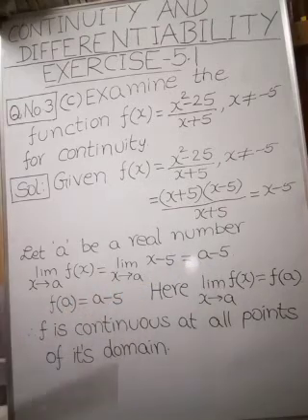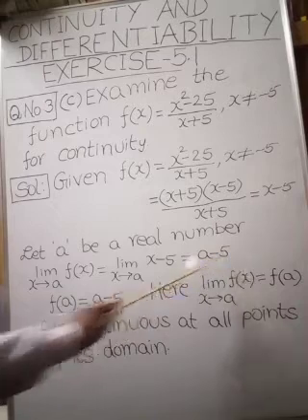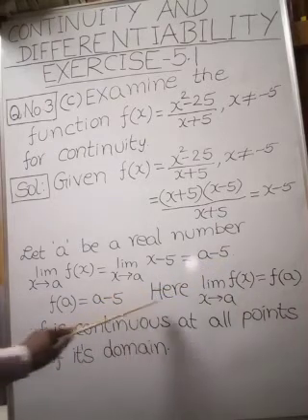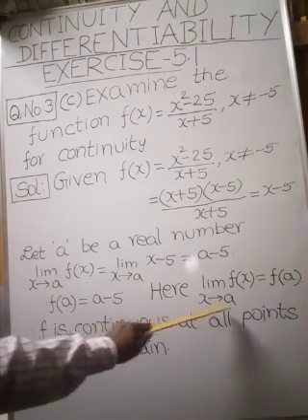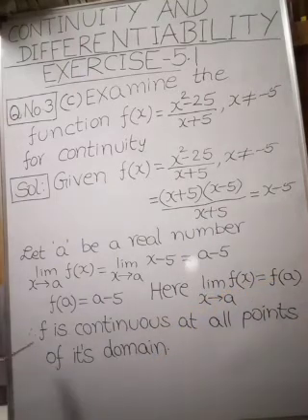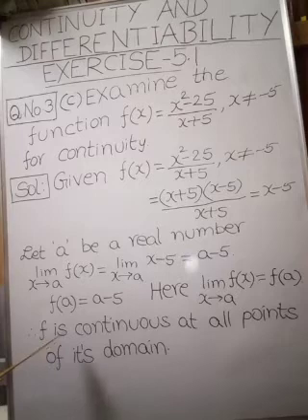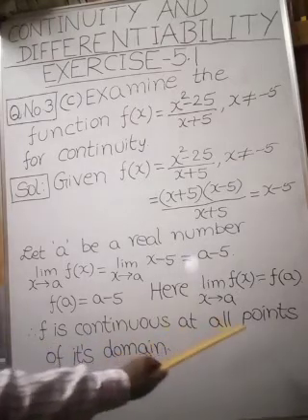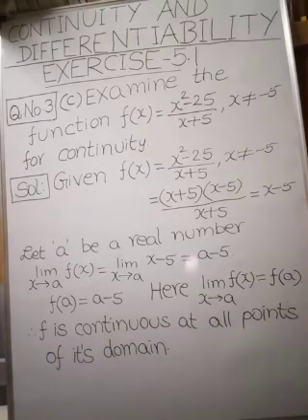Are these two values the same or not? Yes, they are the same. a minus 5, here also a minus 5. Therefore here as x tends to a, limit f of x is equal to f of a. Therefore we can say that f is continuous at all points of its domain. Understood, my dear children? Right.